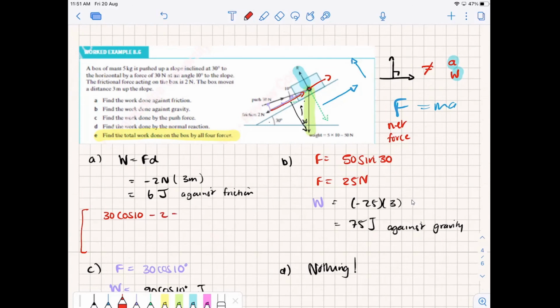What was the weight force pulling the car back down the hill, or box down the hill? That was 50 sine 30. So what was my net force? You'll have to quickly do it on your calculator, Sarah. 2.54. That is the net force in newtons.